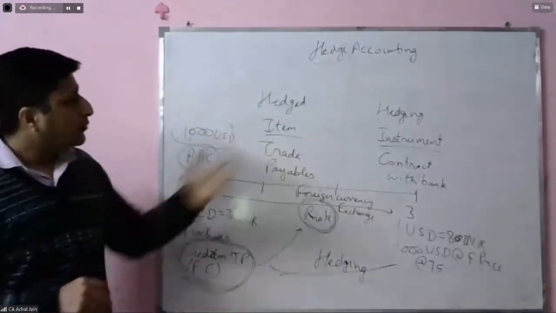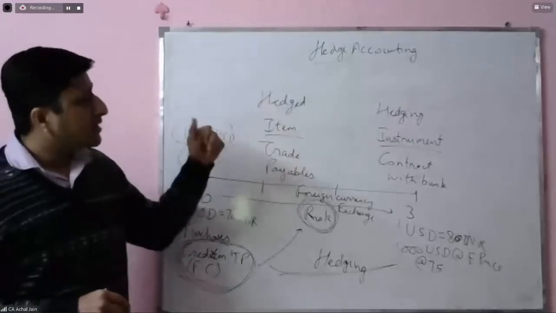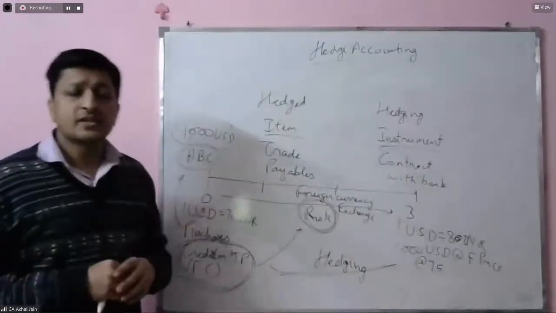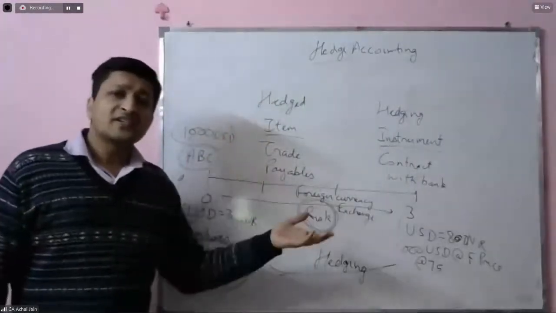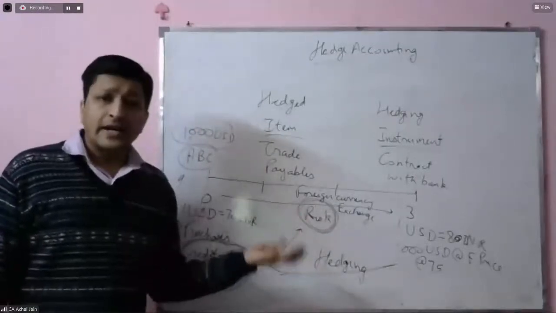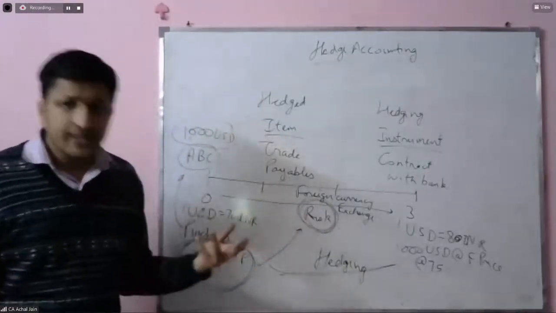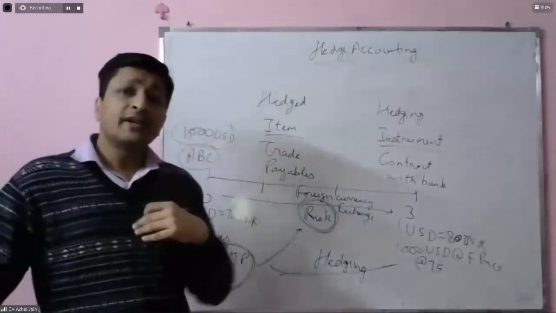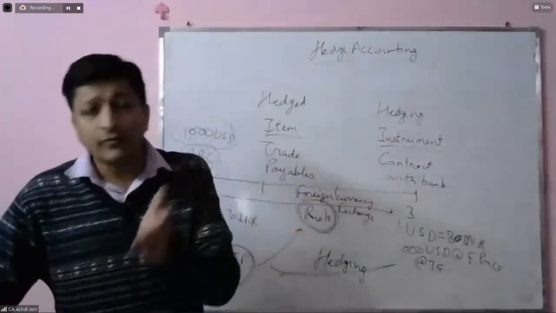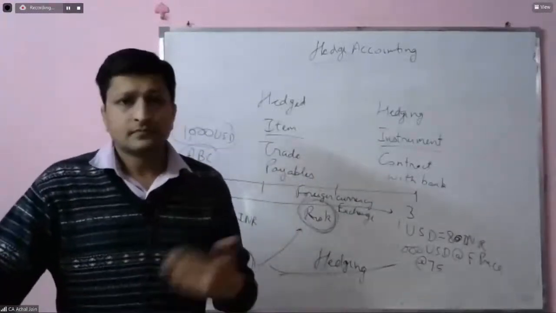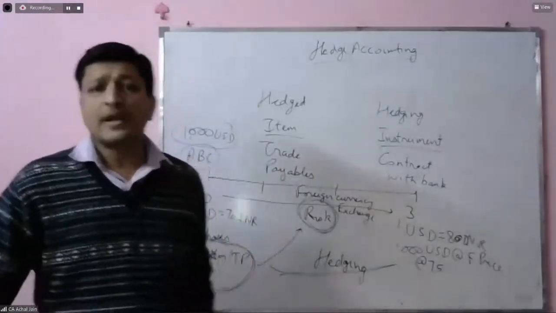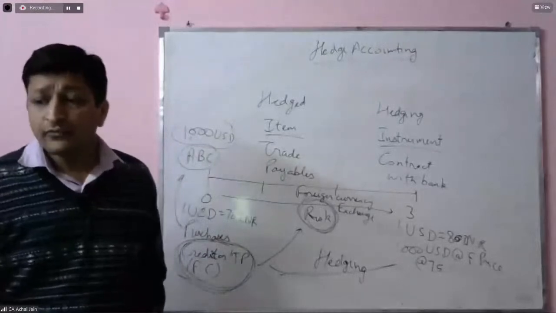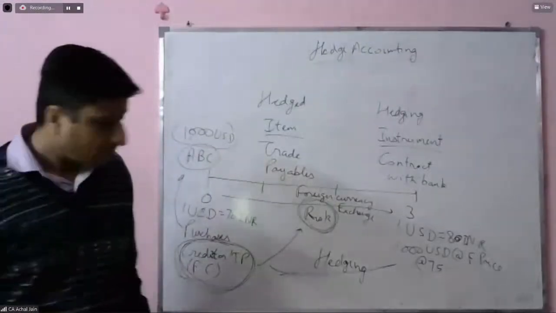So what do you mean when you say that this will become the hedged item, this will become the hedging instrument? What is it that we are now trying to understand for this case, which was not covered earlier? Is it that we did not cover something earlier and now we are completing it? Does this come to your mind or not? I'm waiting for your questions.